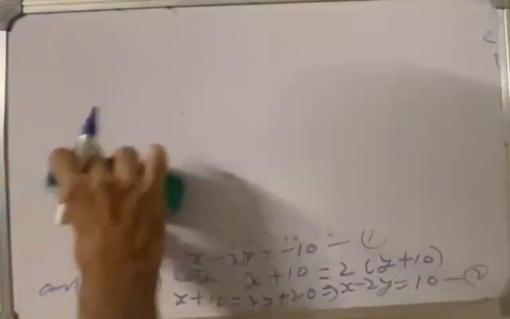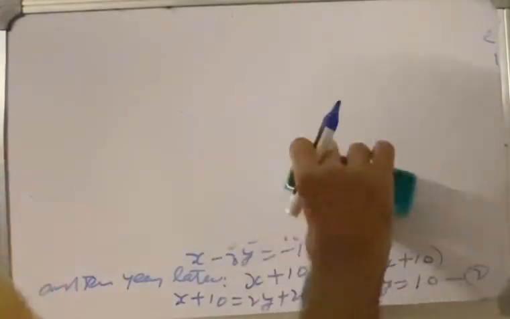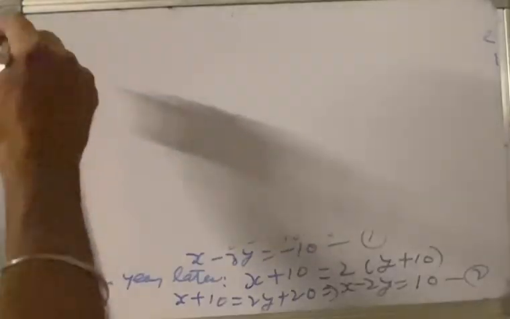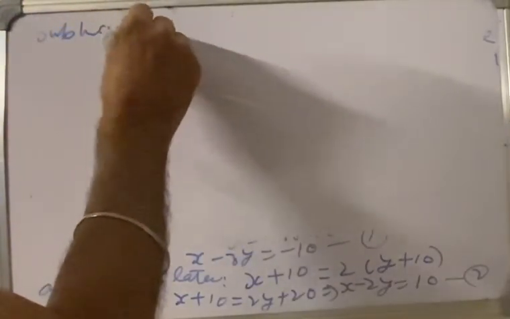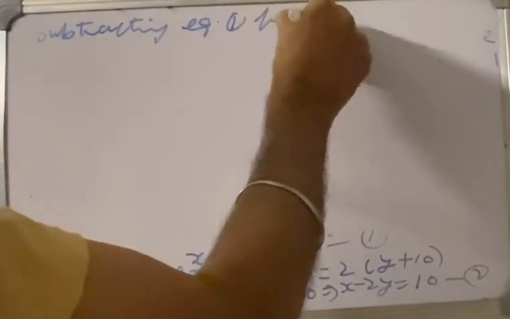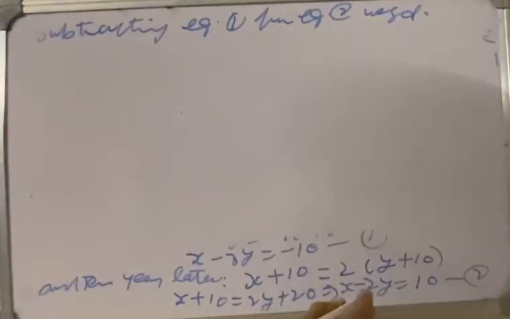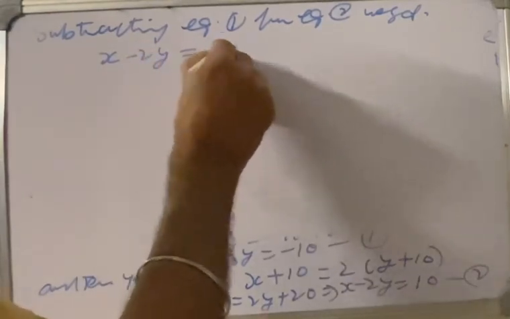The second is x minus 2y is equal to 10.